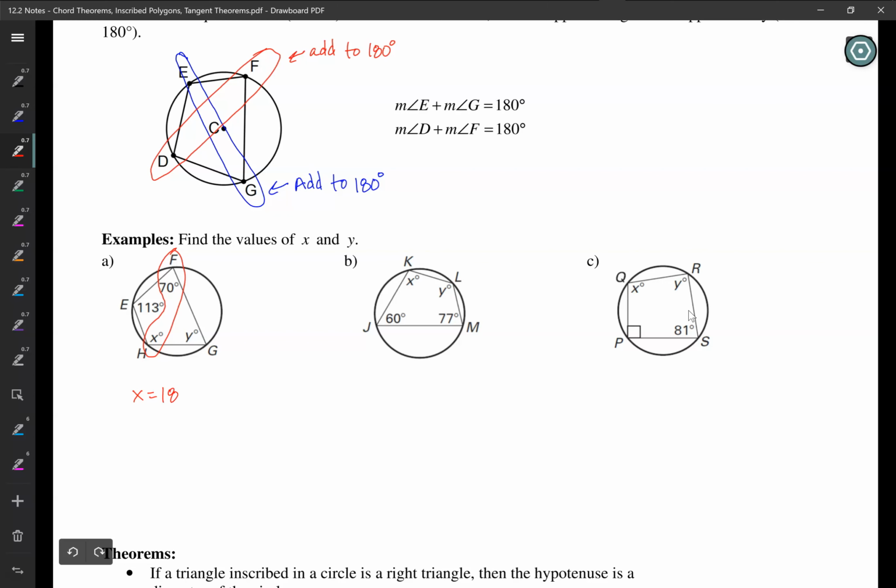So x is 180 minus 70, which is 110 degrees. y is 180 minus 113 degrees, which is 67 degrees.